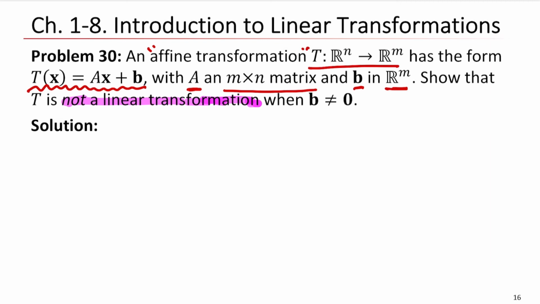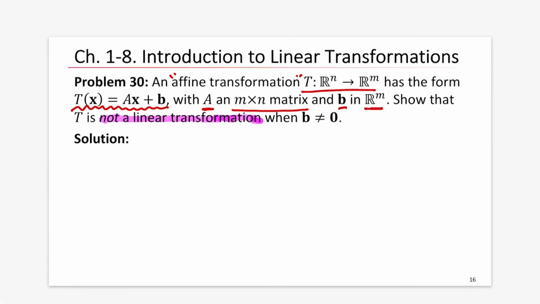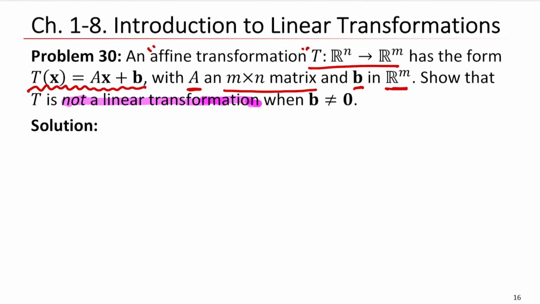To determine whether this transformation is a linear transformation or not, we have to check the properties of a linear transformation, right? So what was the property of the linear transformation? What was that?